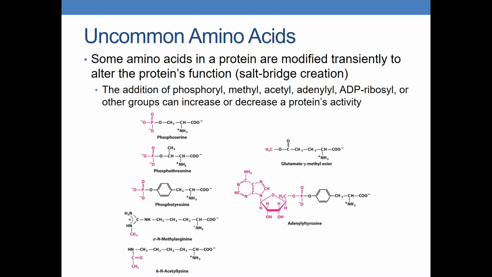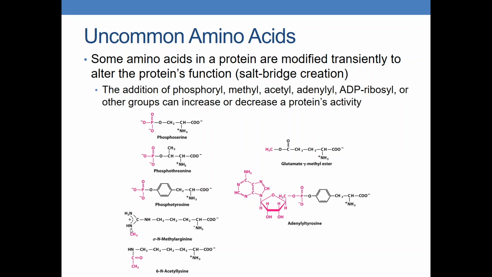So these modifications can lead to a change in the shape, the three-dimensional structure of your protein, which can also change the activity, the catalytic function of your enzyme. So there are other examples like methylation of arginine. So here I have an arginine amino acid. I have my guanidinium side chain.